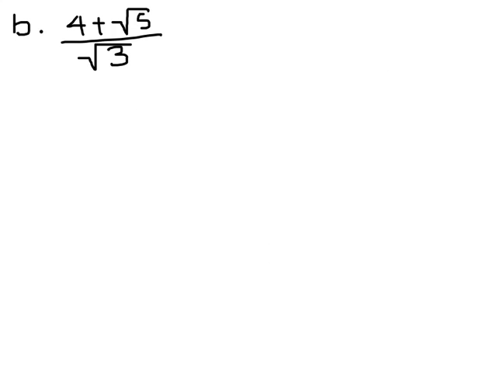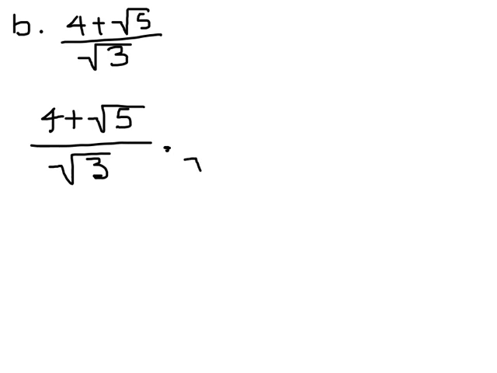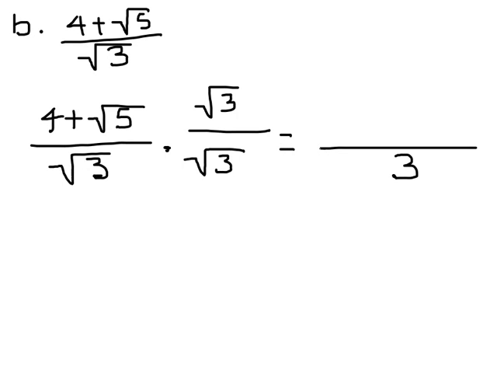Alright, so we're going to rewrite this as 4 plus the square root of 5 over the square root of 3. We're going to rationalize the denominator. Which gets rid of this square root sign down here, and we have just plain 3.